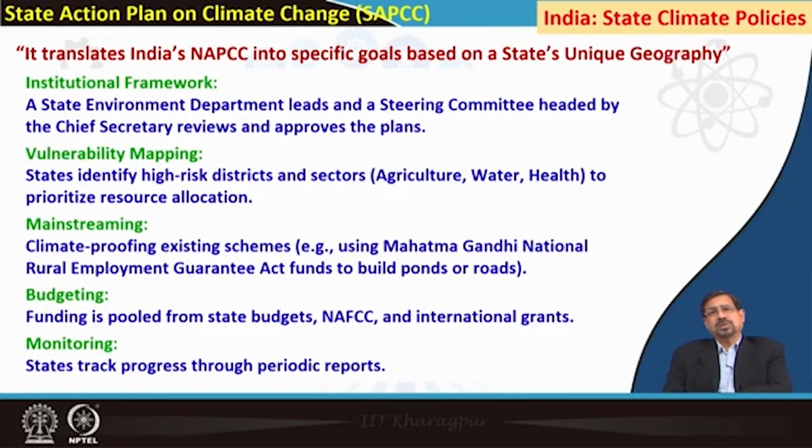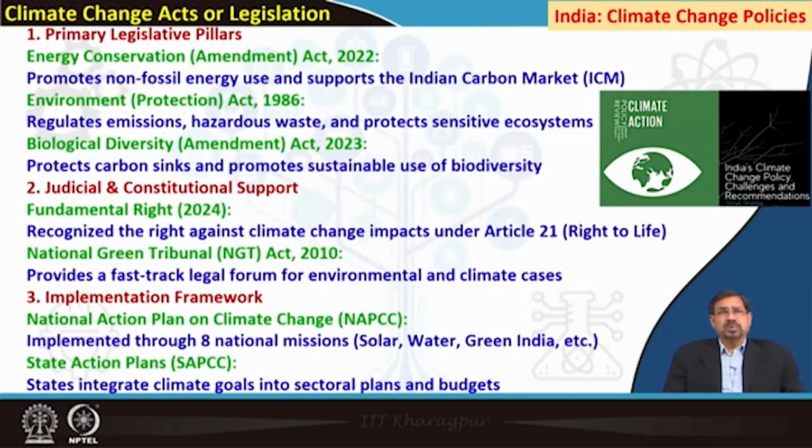They divert some funds to build ponds and roads. So, this is fund optimization through other schemes. And coming to budgeting, funding is pooled from the state budgets, the National Adaptation Fund on climate change, and also international grants. In terms of monitoring, states track progress through periodic reports.